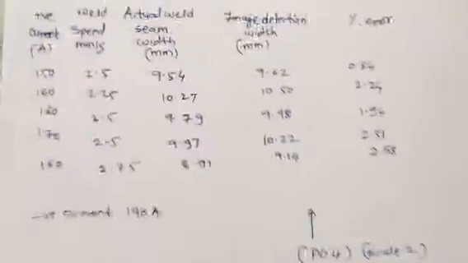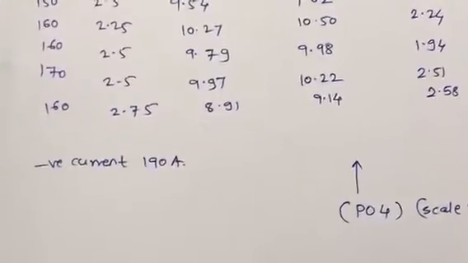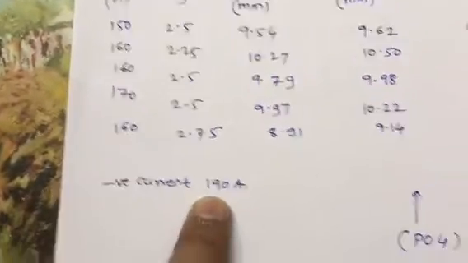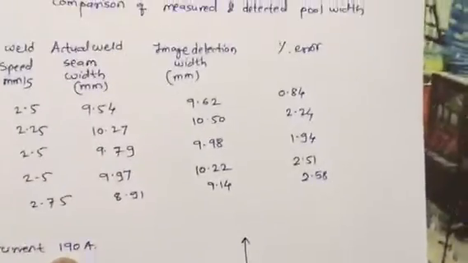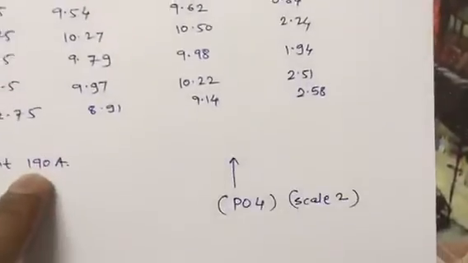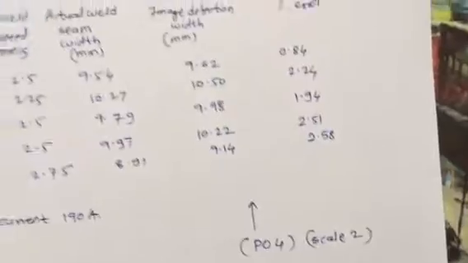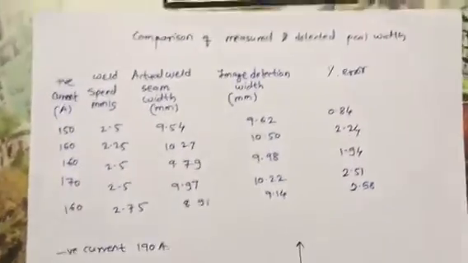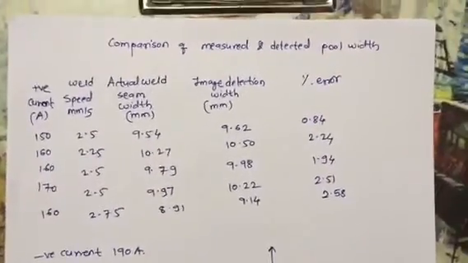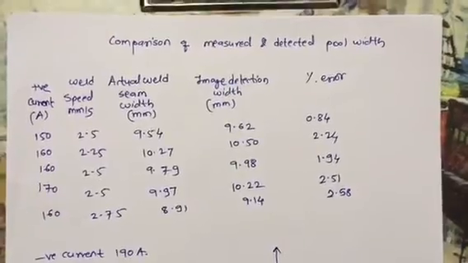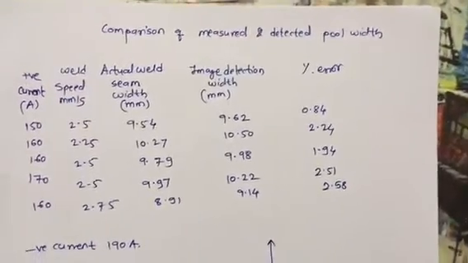So this is very challenging point. And the negative current throughout all these particular readings is kept at 190 amperes. So from this one we can say that in this table PO4 is explored. So that is all about the continuous arc welding. Thank you very much.